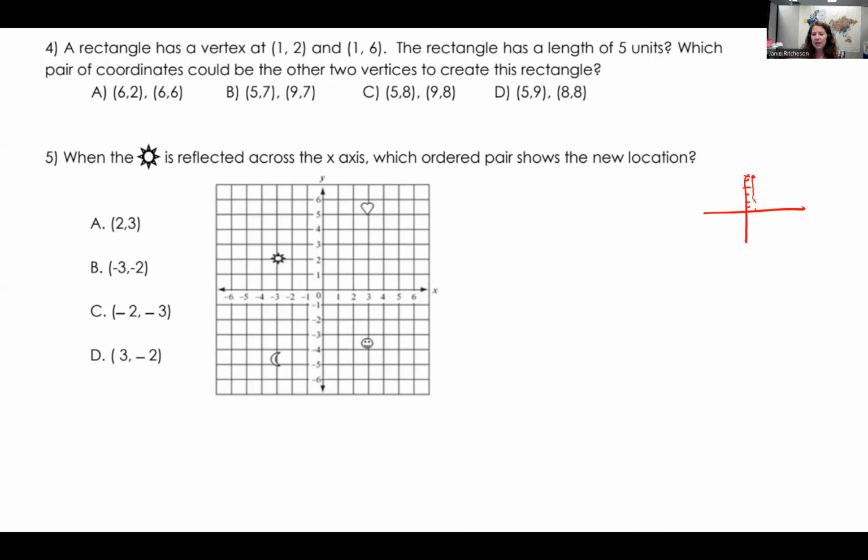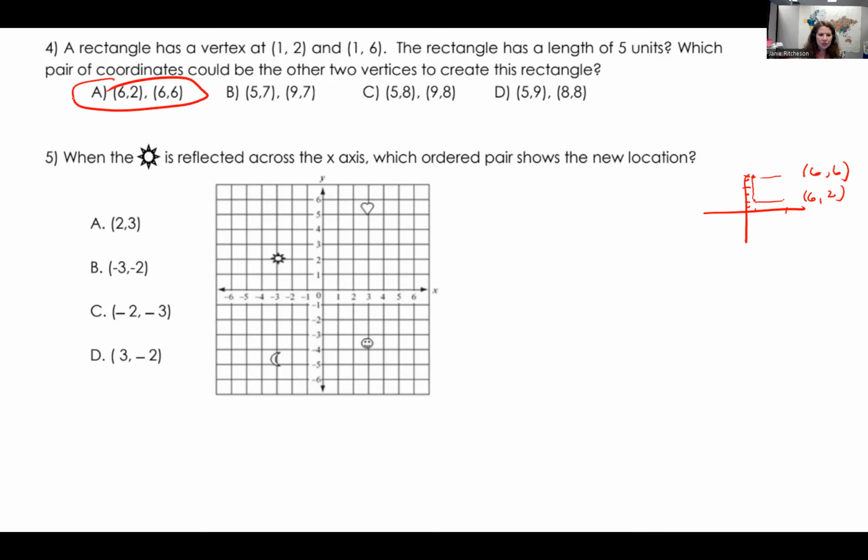So this way we would come out 5 units. Which of the coordinates could be the other 2 vertices? If we want it 5 units long, from 1 we'd have to go out to positive 6, right? So this one would have to be at 6, 2, and this one would have to be at 6, 6.